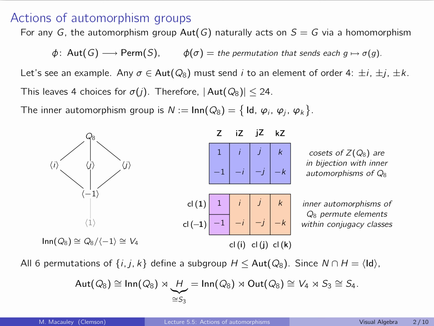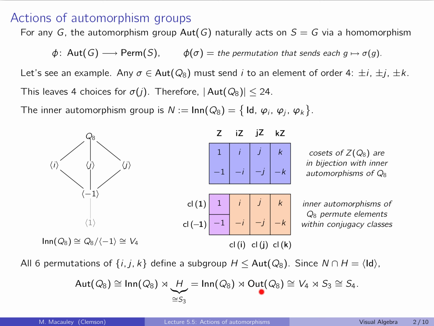So that means that the automorphism group is a semi-direct product of N, which is the inner automorphism group, and H, which is isomorphic to S3. So this is a semi-direct product of the inner automorphism group with the outer automorphism group.